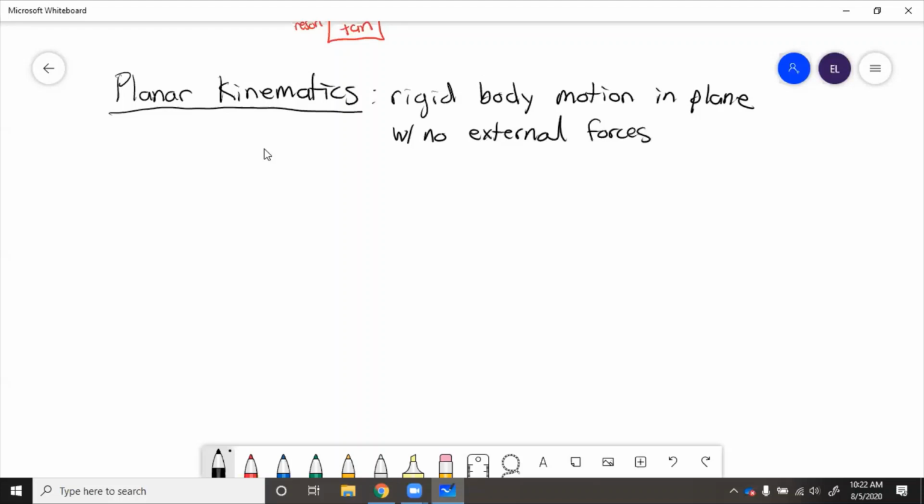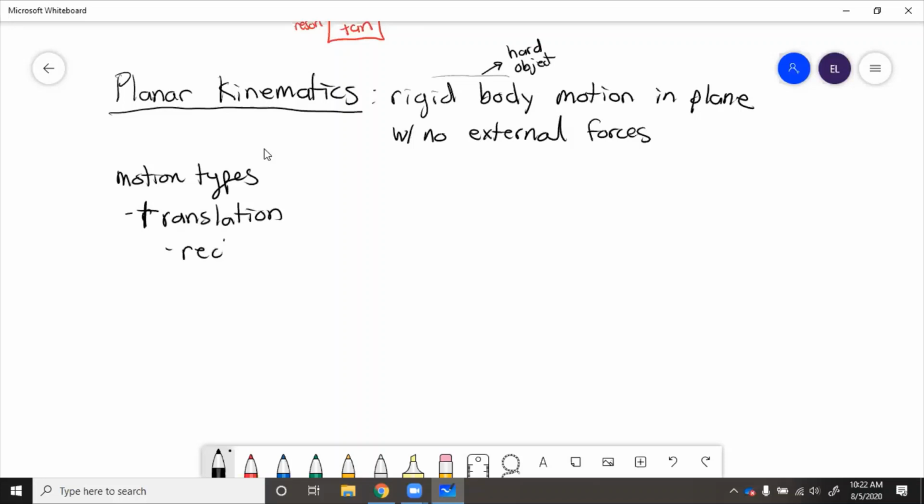We know that a rigid body is a hard object with mass and shape. And then there are different types of motion. So a rigid body can have rectilinear translation. So different types of translation.